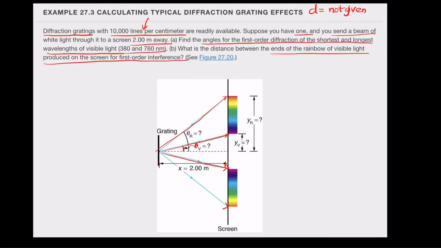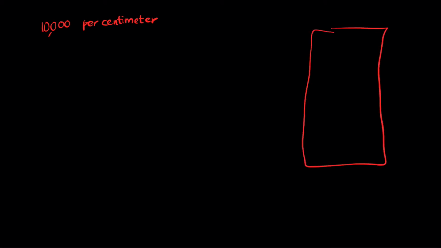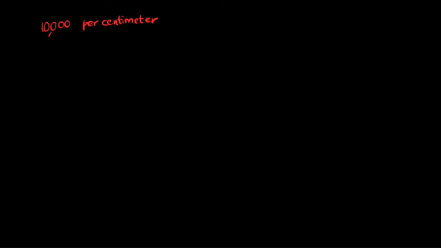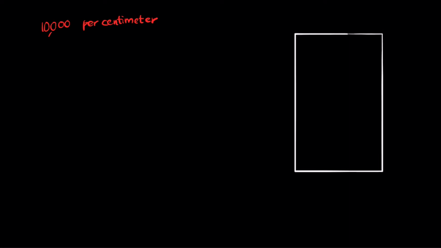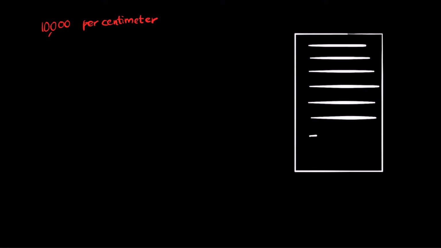Let's start with the fundamental question: what is the value for d that we have? They have given us 10,000 lines per centimeter. Which means that if you take this as a diffraction grating, it has lines like this throughout, and there are 10,000 of them per centimeter.